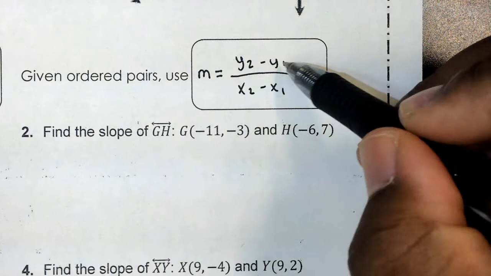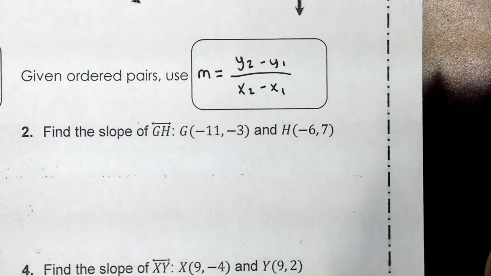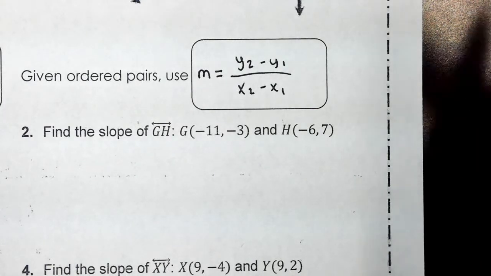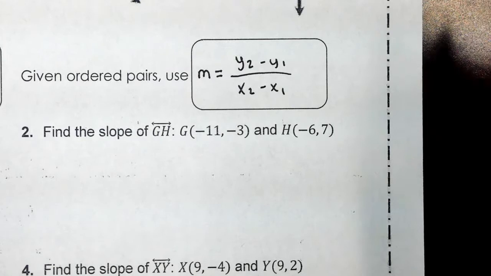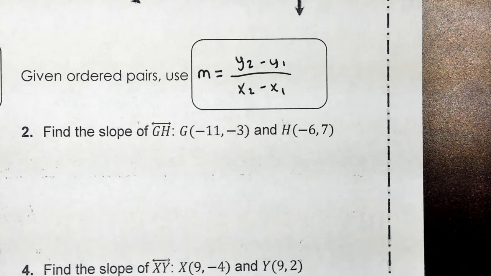Basically a change in your rise over your change in your run. The y's are the rise because that's your vertical. Horizontal is your run. The x is your run, excuse me.